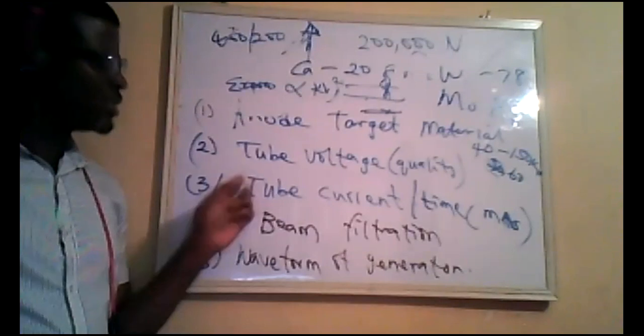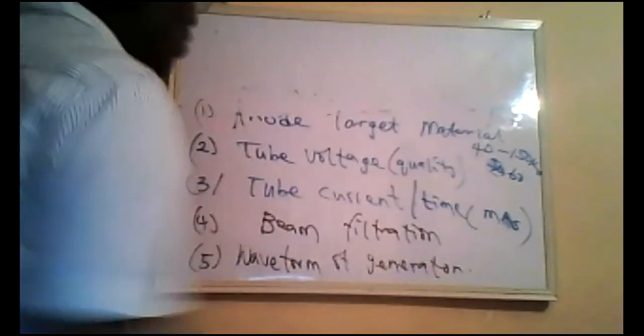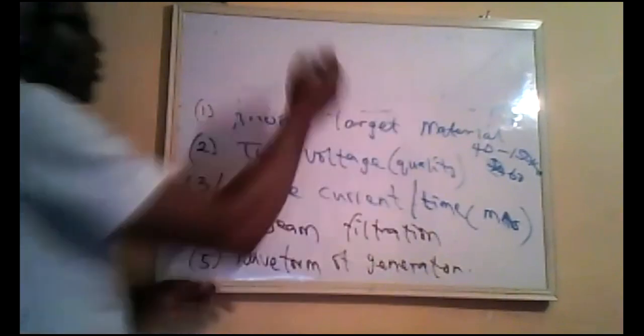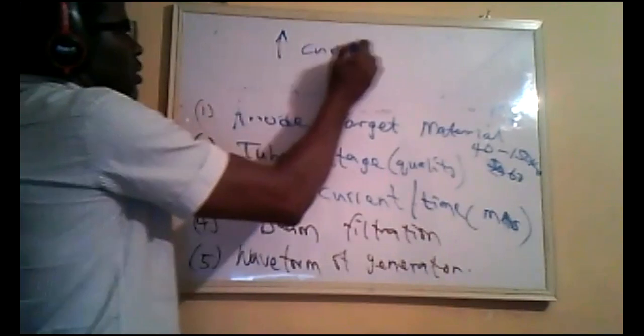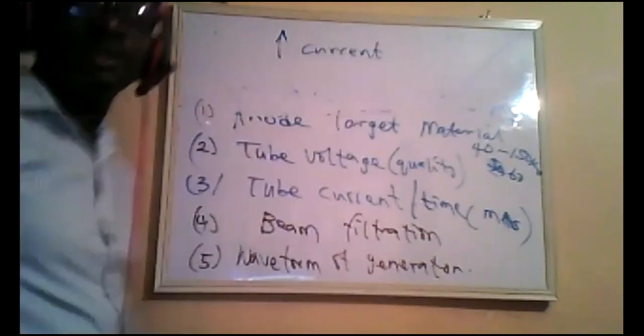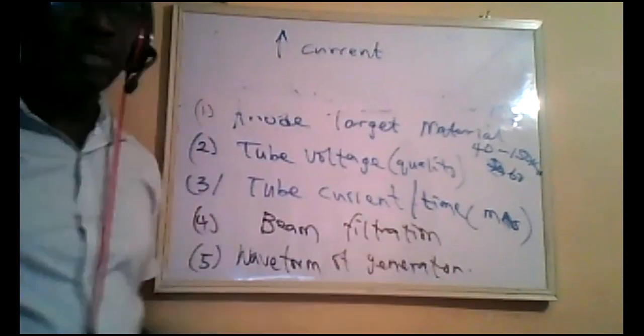Tube current affects the production of X-rays in the sense that the higher the current, the more photons are produced. If you turn on the current for a long time, it's going to give you more photons, directly proportional.